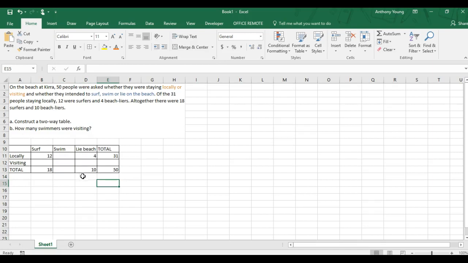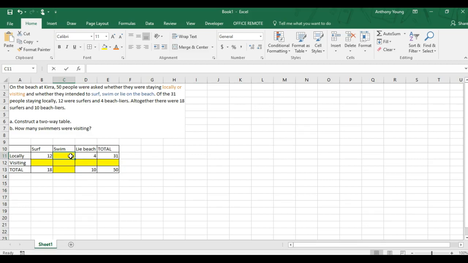Now we have enough information to fill in the gaps. I'm going to highlight the ones that we don't know, so these are the ones that we're going to calculate. For locals who are swimming, it's blank, but I know that it's got to add up to 31.